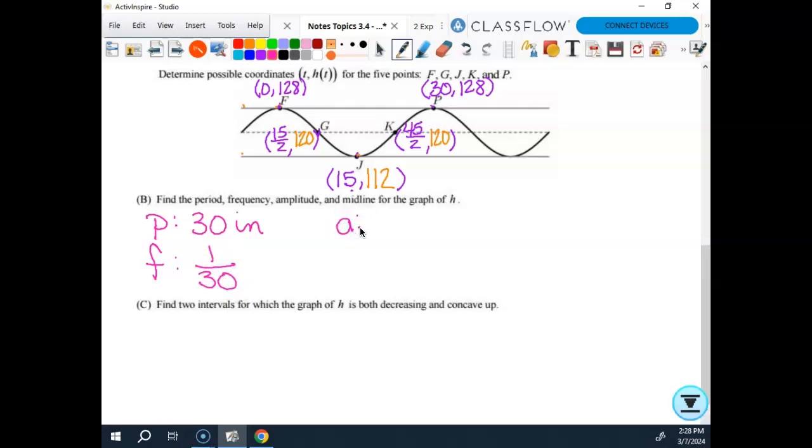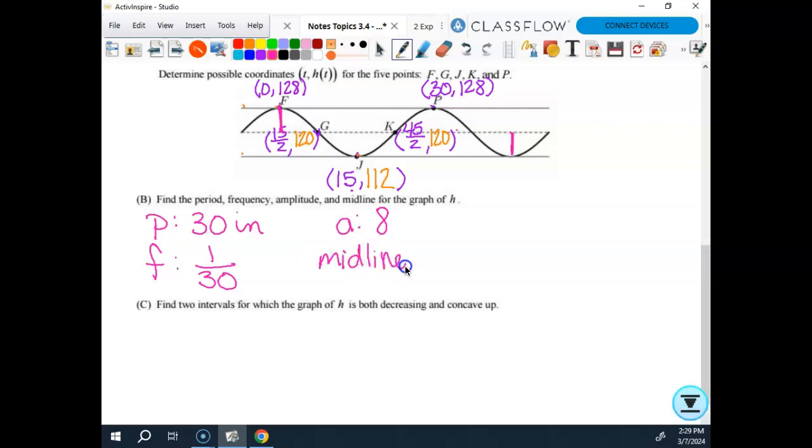Amplitude. Is amplitude x or y? Y. So we're looking at this right here, right? What is that? That's the y. What's that? 8. From 112 to 120 or from 120 to 128? The amplitude is 8, yeah. And then the midline.